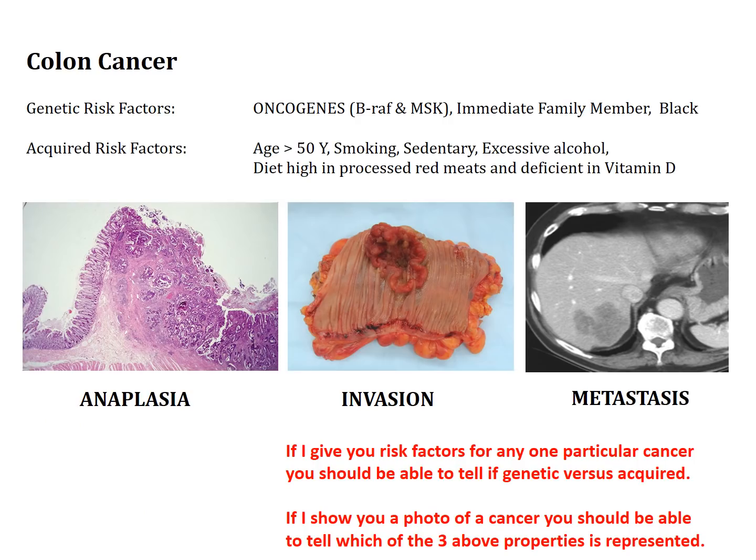All right, here we are again. Anaplasia, invasion, and metastasis, showing you examples of each. Remember that at the root of cancer are mutations in DNA that we refer to as oncogenes. We can get these oncogenes genetically, meaning that we've inherited them.